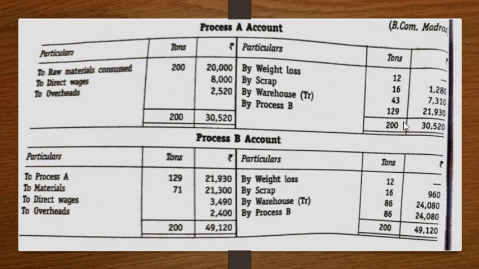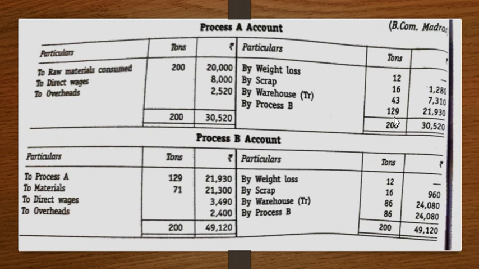Then the remaining 75% is transferred to the next process. So now out of 172, 25 is for warehouse and 75 is for process B. When you multiply 172 into 25%, you will get 43 tons. Now 172 into 75%, you will get 129 tons.